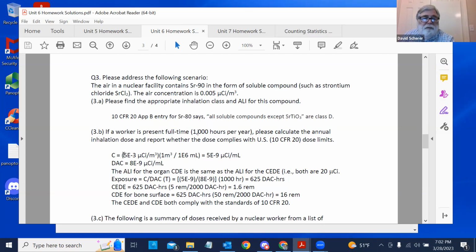So the concentration is 5 times 10 to the minus 3 microcuries per cubic meter. You've got to convert that to microcuries per ml to compare it with the DAC. And so the way I solve the problem is using DAC hours. The concentration they're exposed to is less than a DAC.